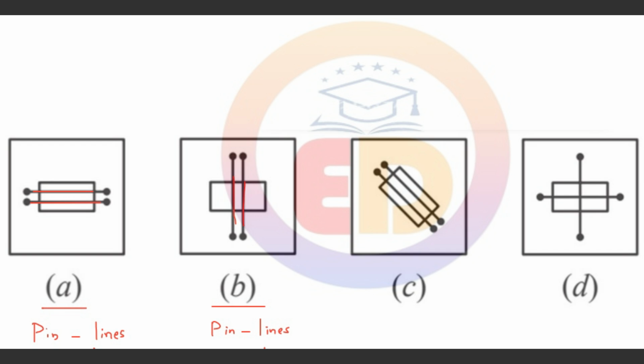In the third figure C, again, the pin shaped lines are parallel to each other. But in the figure D, the two pin shaped lines, they are not parallel to each other.